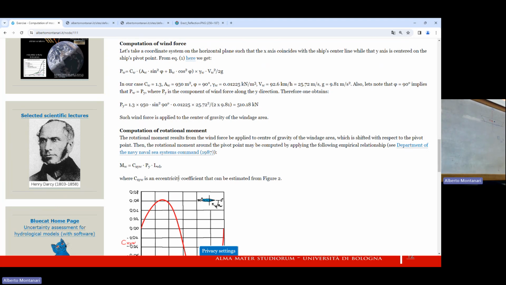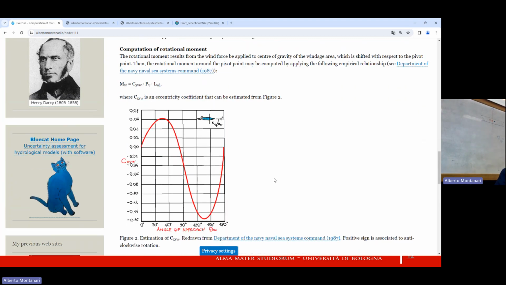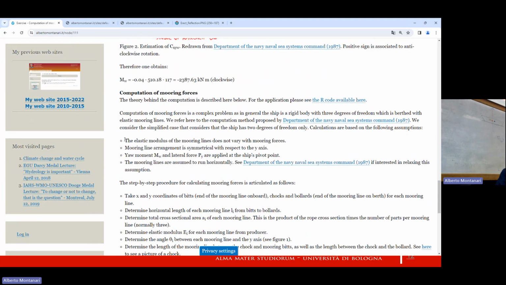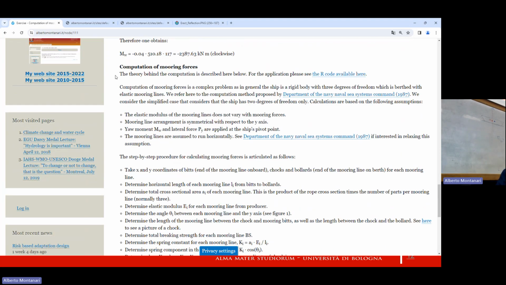So this is something that, of course, is a bit complicated. Let's just have a look at what we need to do, and let's have a look at the analytical relationships.